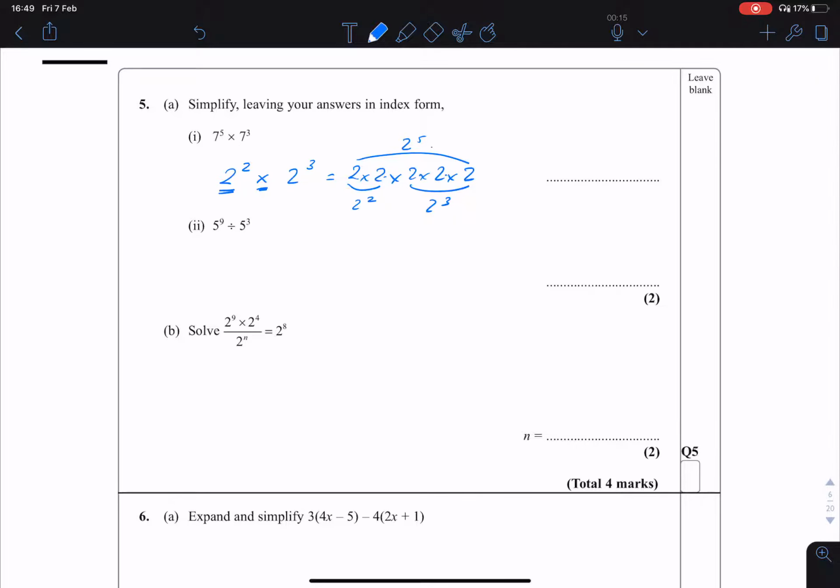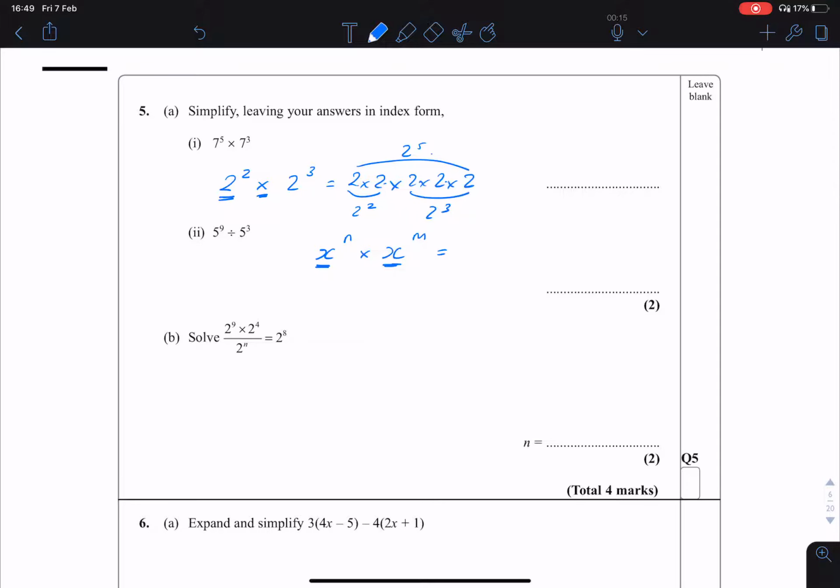So the trick is, if you've got x, as in x could be any number, to the power of n, times another x to the power of m, where this x is the same as this x, the base is the same, then all you do is add them together, and you go, that's x to the n plus m.